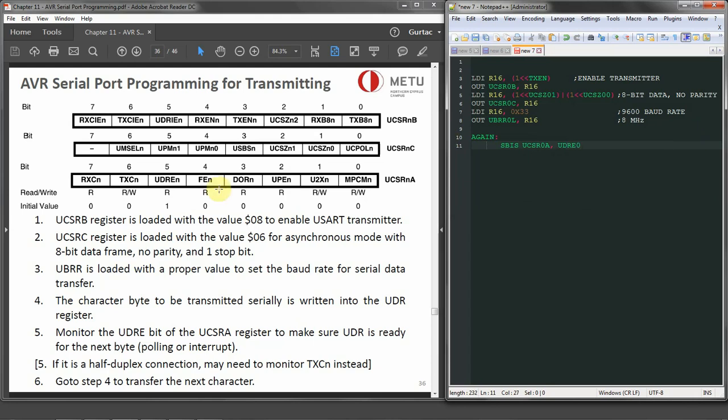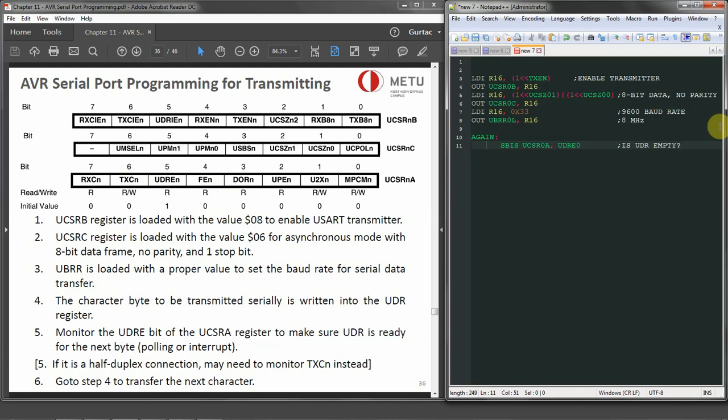So we have to check this bit. Okay, make sure that it's empty so that we can transmit the next byte to it. And we can say, is UDR empty.